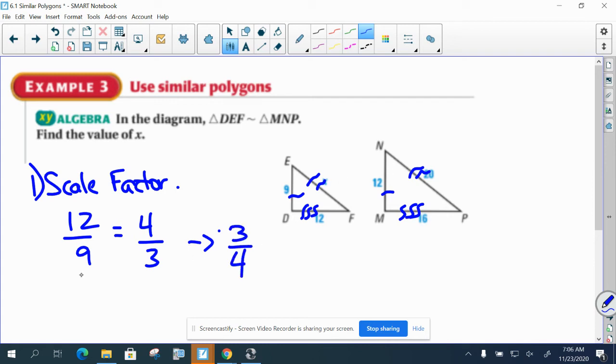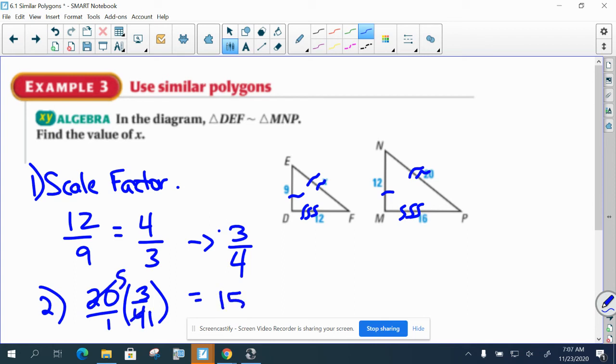So step 2, multiply 20 times your scale factor of 3/4. If you reduce, 20 over 4 is 5 over 1, and then that would give you 15. So 15 is the length of x.